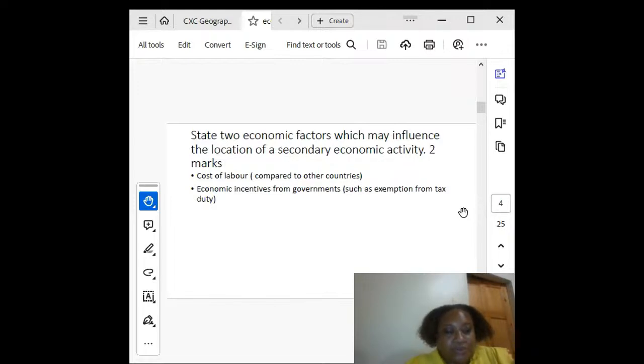So people are going to locate an industry where you have already supply of labor, right? So if you look at the oil and gas industry in Trinidad and Tobago, a lot of the employment comes from people who are located in that south region very close to the companies, right? And also if there are tax exemptions, then that is another incentive that will influence the location of the industry.